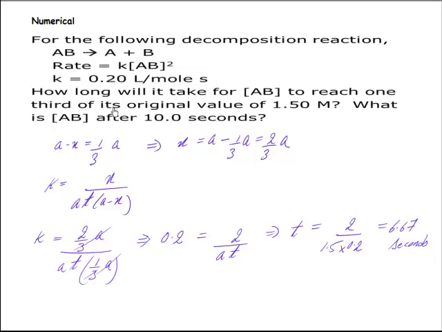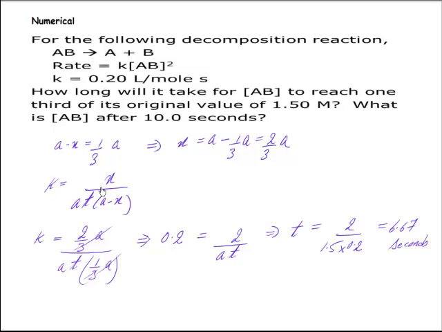Now there is one more part to this numerical. What is AB after 10 seconds? So they are asking us what will be the concentration of AB after 10 seconds has elapsed. So what you can do is, we know the value of K, we know the value of time 10 seconds, we know X is 2/3 of A, A minus X is 1/3 of A. Now we know the value of K, which is 0.2.